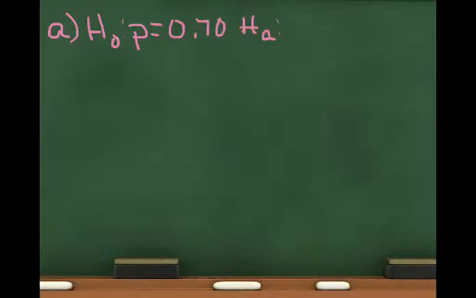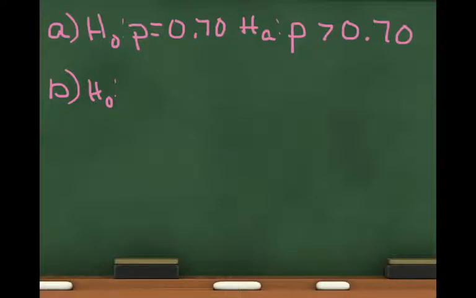On A, your null hypothesis should have been P is equal to 0.70. Your alternative, they wanted to see an increase, and so P is greater than 0.70. B, your null hypothesis should have been P is equal to 0.40.